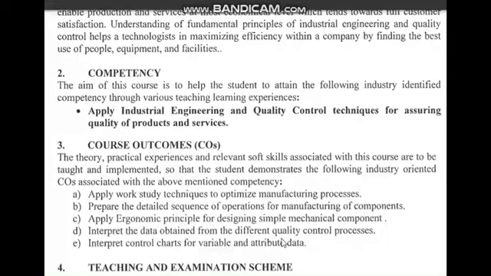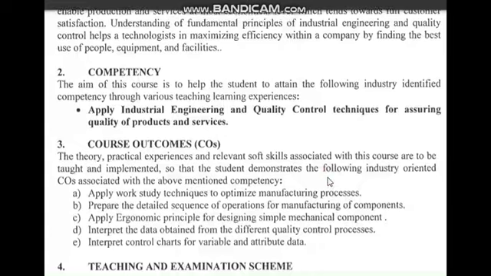So this is the competency that we are aiming at when you complete this course.